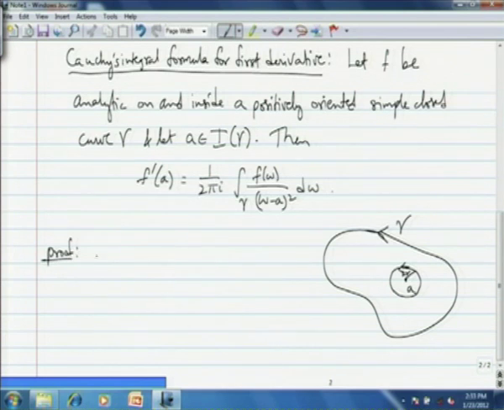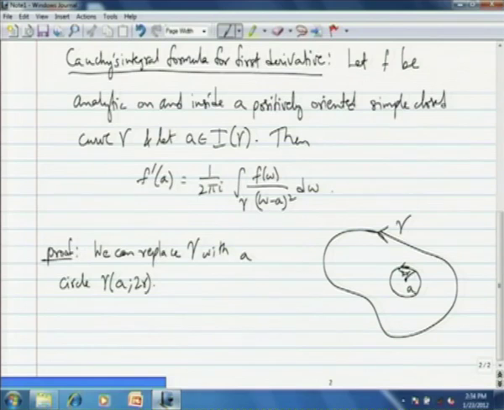Okay. So, we can replace gamma with a circle gamma A, 2r. Recall gamma A, 2r is a circle centered at A and of radius 2r, oriented in the positive sense, and so we can replace gamma with that.